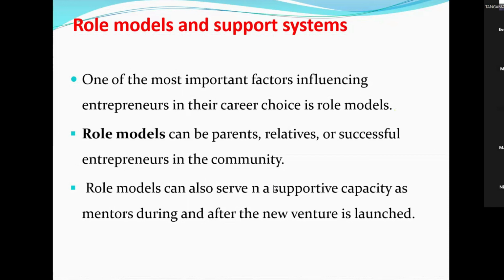The role models can also serve in a supportive capacity, as mentors during and after the new venture is launched.